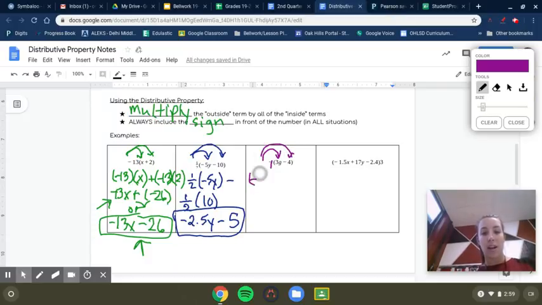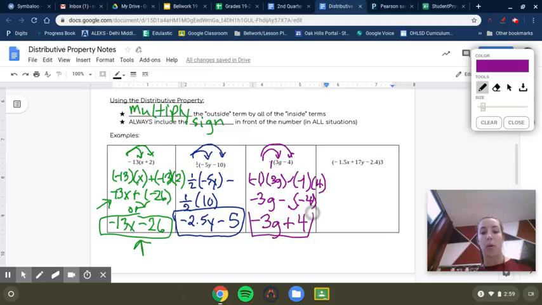When I do this, I get negative 3g minus negative 4. But once again, we have the two signs together, so I'm going to rewrite this because two negatives make a positive, and it's just going to be negative 3g plus 4. Either one is fine, but we don't usually like the two signs together.